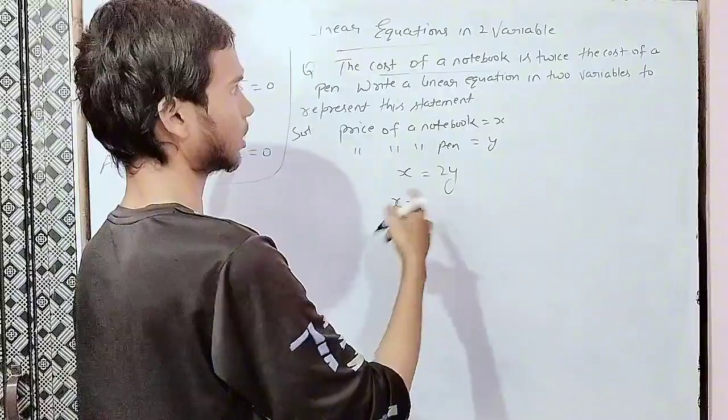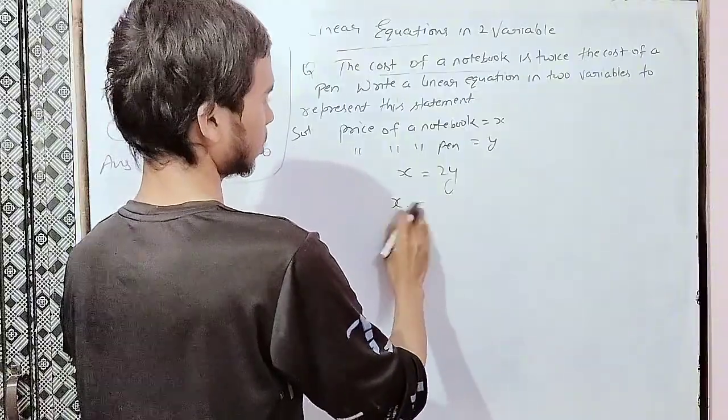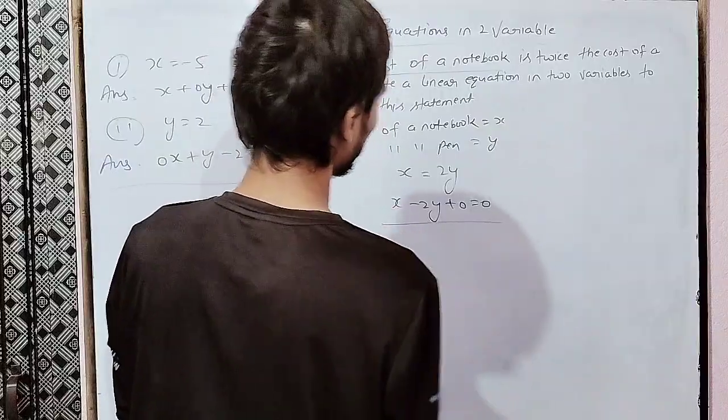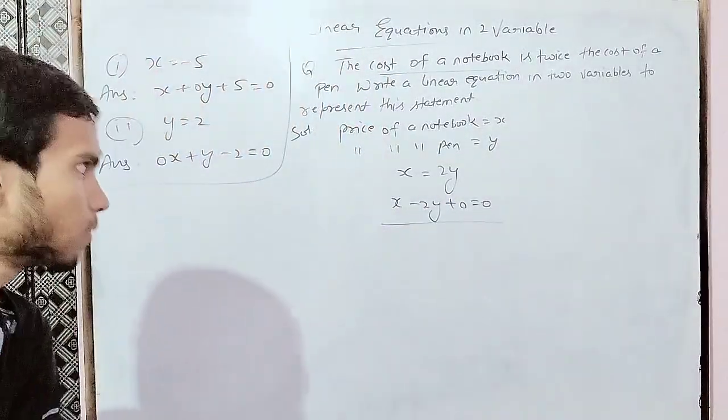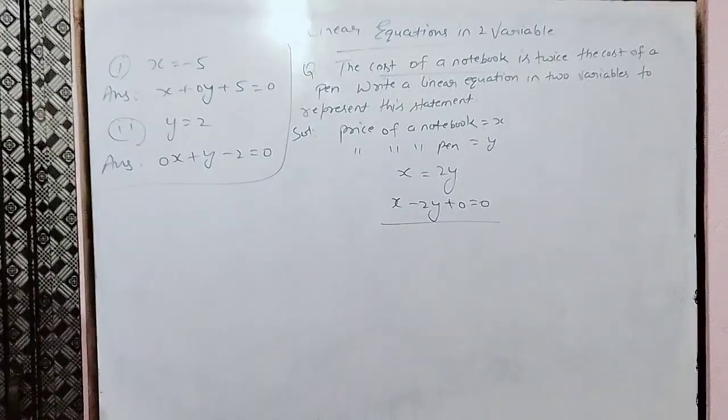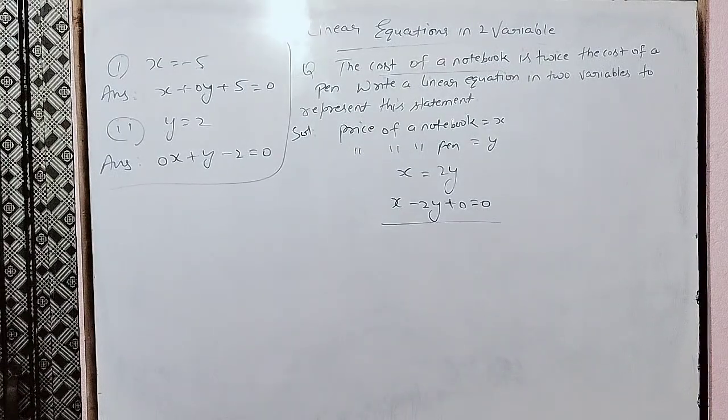We are converting it into two variables, this 2 and plus 0. So we have converted this statement into a linear equation in two variables. That's all.